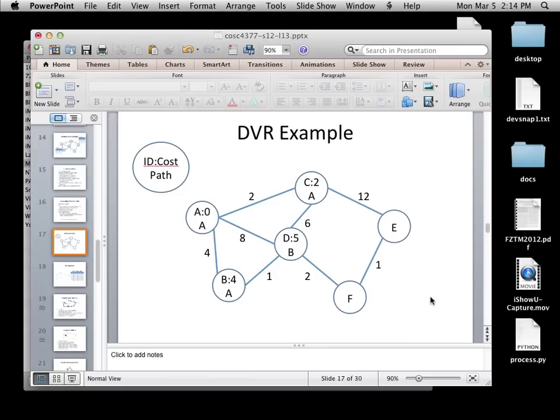Right. Okay. So let's think about the multiple destination version of this algorithm, and then we'll address the issue that you just mentioned. So the advertisements are relatively simple here. You just send one number, right? That's because we're just assuming all the nodes are interested in knowing the distance to A, right?